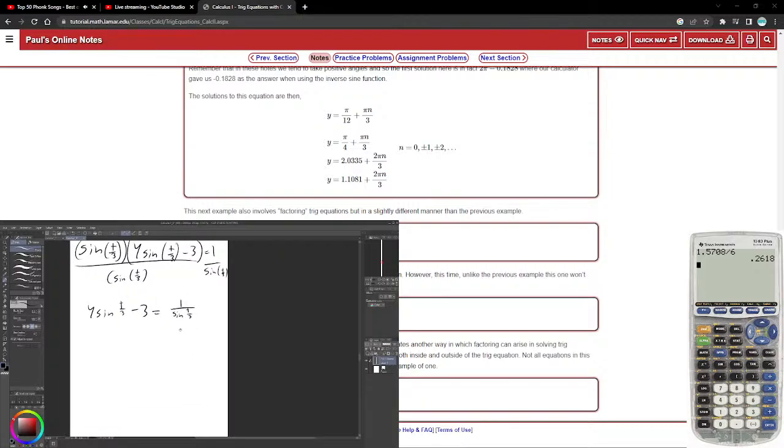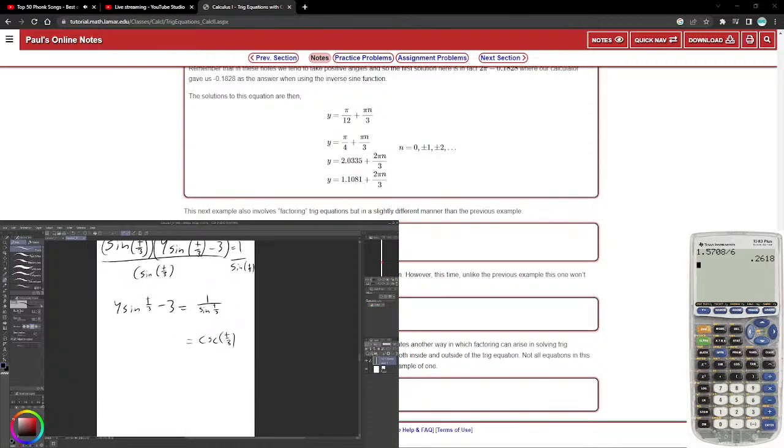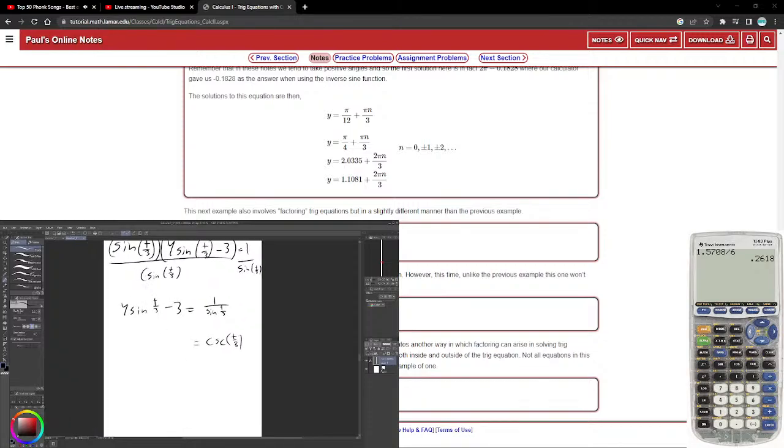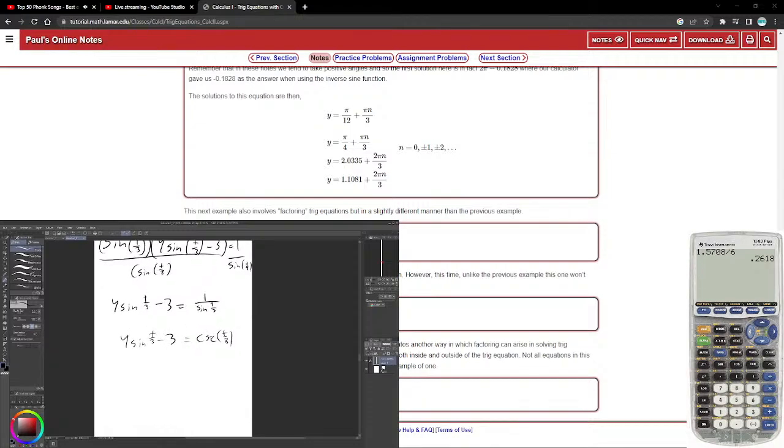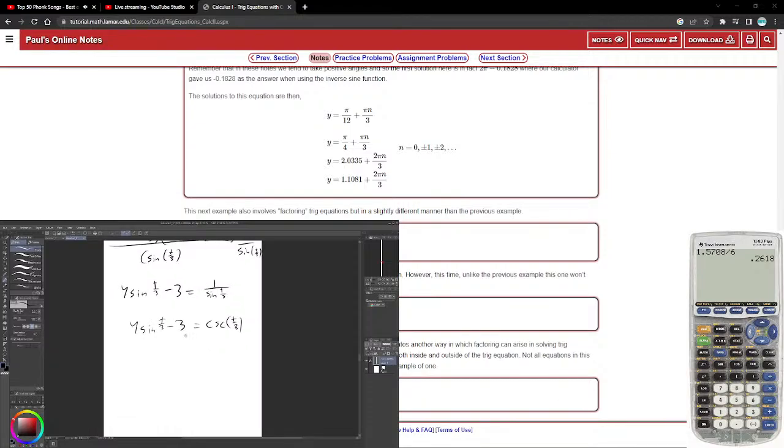So this could be rewritten as cosecant t over 3 equals 4 sine t over 3 minus 3. I don't like where this is going.